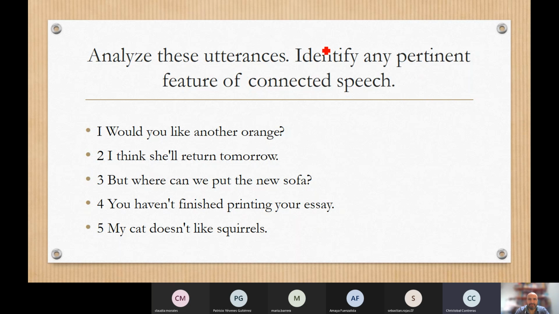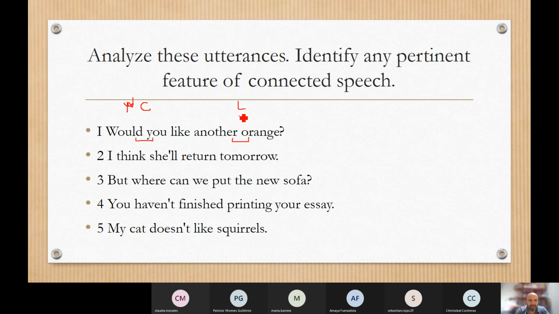Coalescence, assimilation. Okay, so where is that? Would you? Perfect. So right here we will be talking about coalescence. And depending on whether the speaker uses a non-rhotic or a rhotic accent, another orange. I don't know if some speakers would make that link with the R and the O. Excellent.